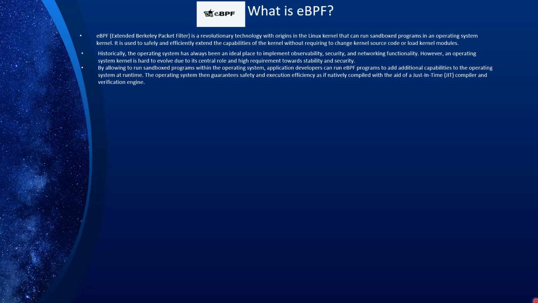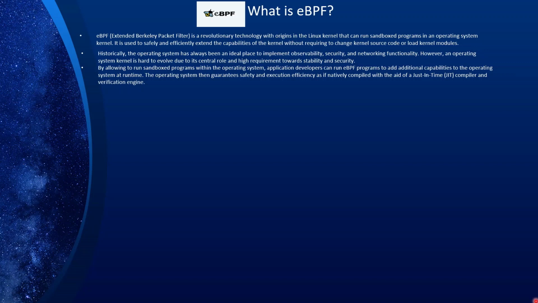However, the downside is if you need to add capabilities to this or make changes, then you have to recommend those changes, and it goes through the recommendation process and takes maybe years before it actually ends up inside the operating system. So eBPF is a great way for us to shortcut that process so we can create capabilities that we need and run them at runtime without making any changes again to the operating system.